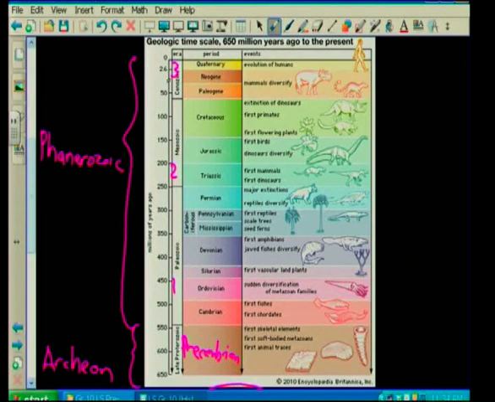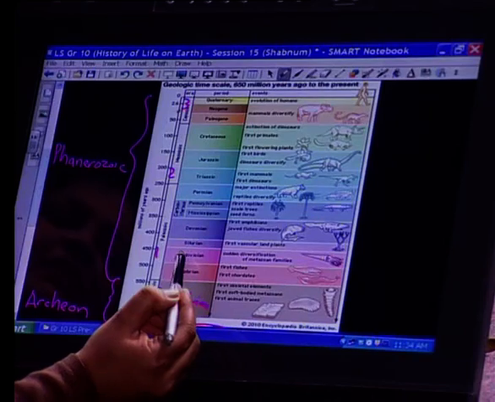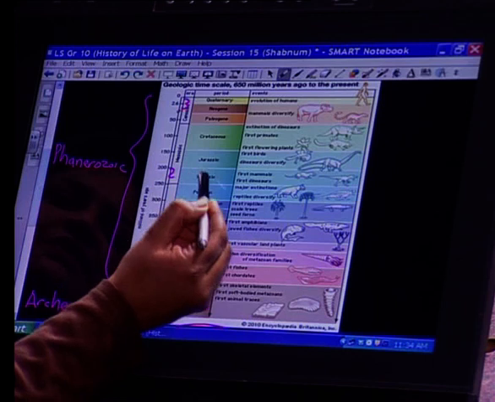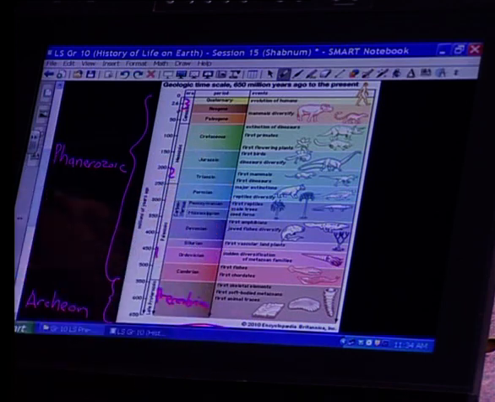Right, here are some pictures of the animals that existed in each era. You do not need to know the actual names of the periods of each era, but we will focus on the names of Ordovician, Devonian, Permian, Triassic and Cretaceous later, when we discuss the mass extinctions.